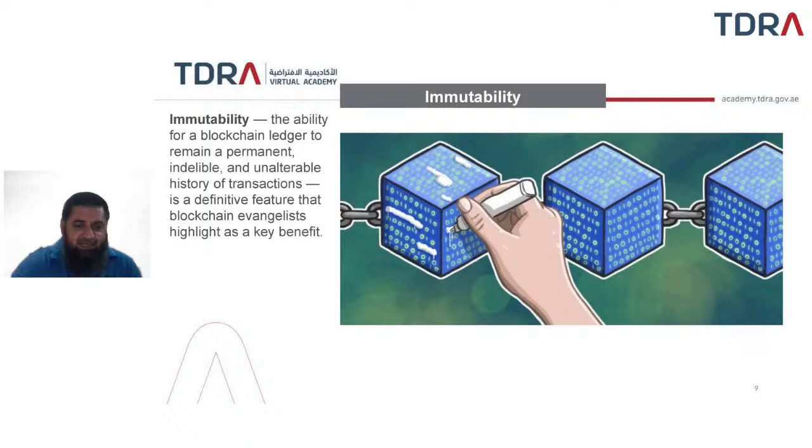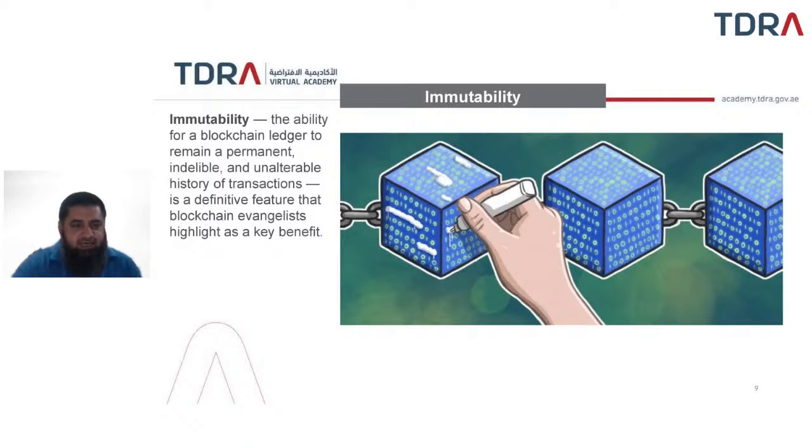Another feature and component of the blockchain is immutability. Immutability relates to bookkeeping and record keeping. Even in software applications, the previous records can be updated, modified, or changed according to the requirements. But in the case of blockchain, it is immutable.